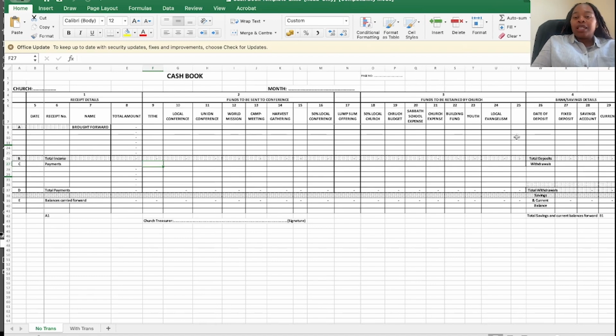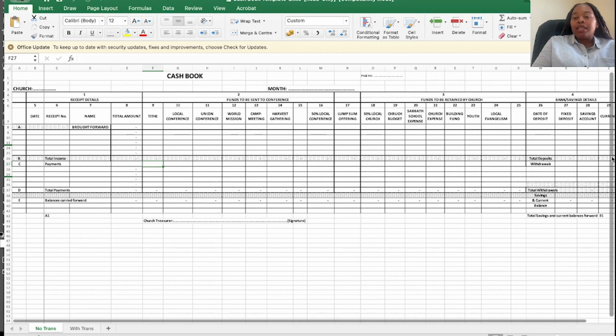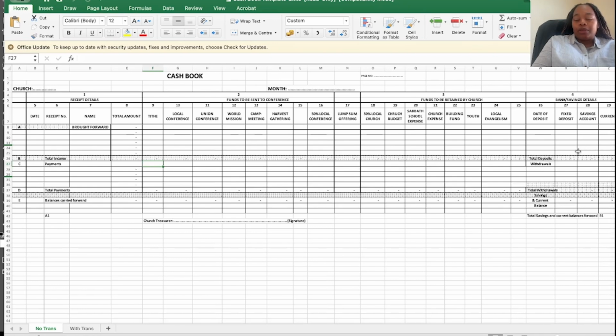So section 4 is about your bank account. Column 26 will be the date of deposit. And then column 27 will be your fixed deposit, if you have a fixed deposit account. Column 28 will be your savings account, if you have a savings account. And then column 29 will be your current account.